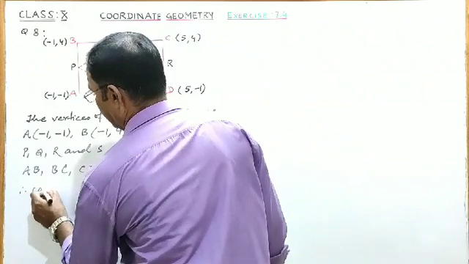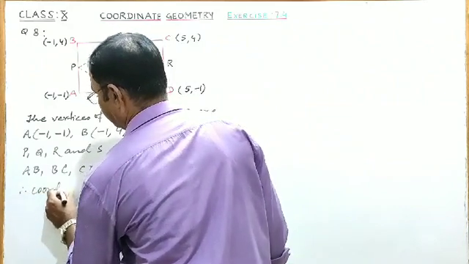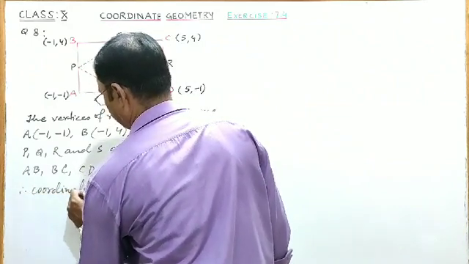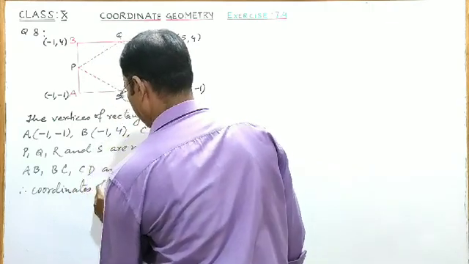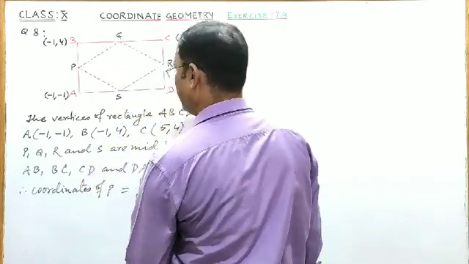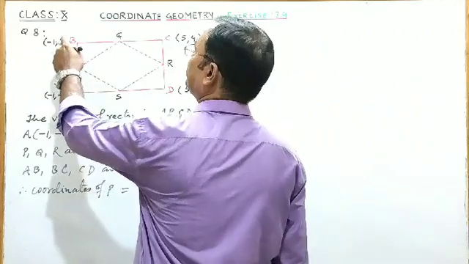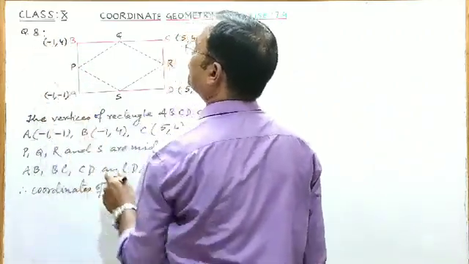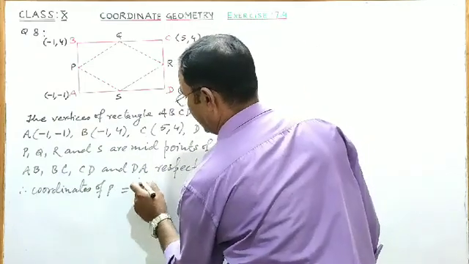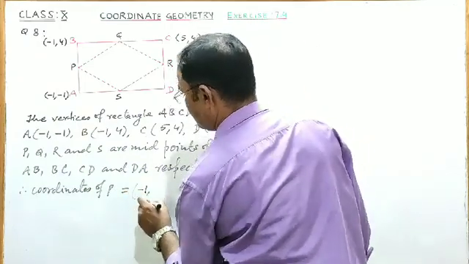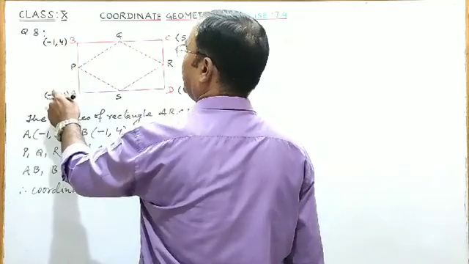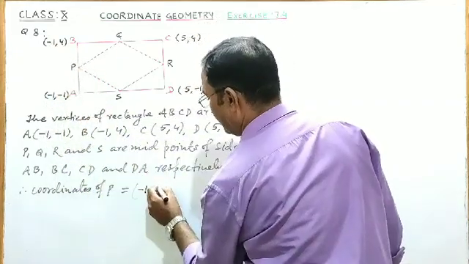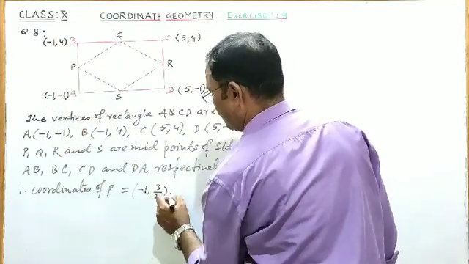Therefore, coordinates of P, which is midpoint of side AB, are (-1 plus -1)/2, that is -1, (4 plus -1)/2, 3 by 2.